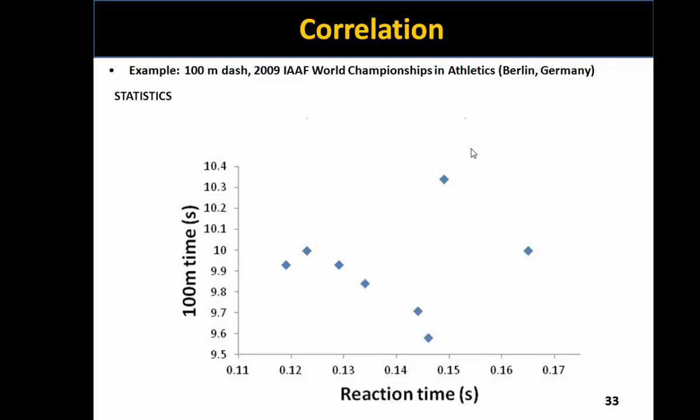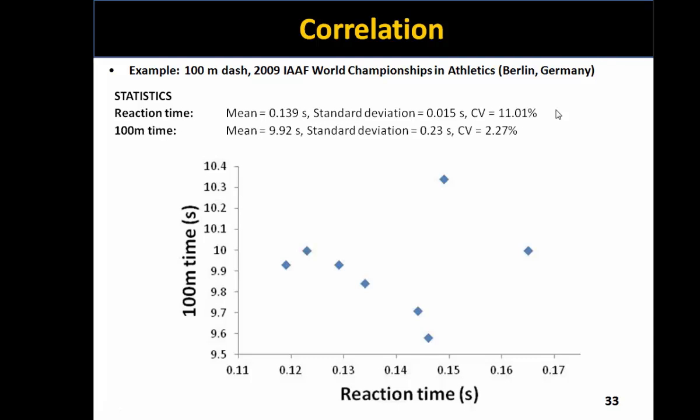And so when we generate the descriptive statistics, we find an average reaction time of 0.139 seconds. But if you look at the table, you saw that not all the athletes had the same reaction time. So we computed a standard deviation of 0.015 seconds and the coefficient of variation, using the equation from a previous unit, determined a value of 11.01%.